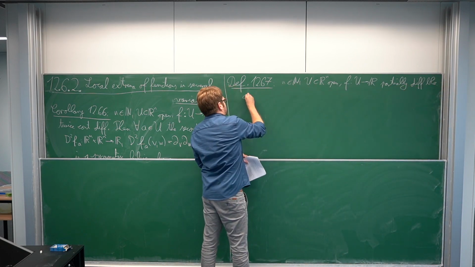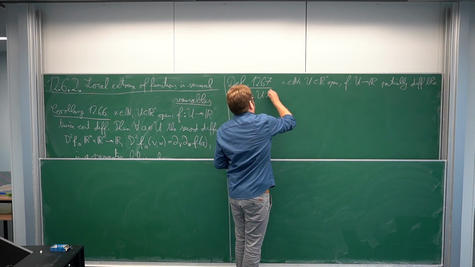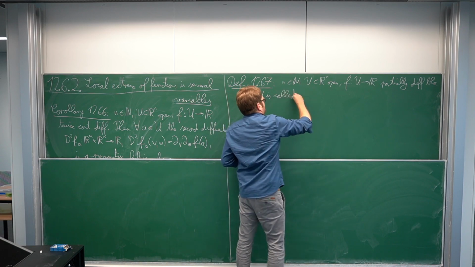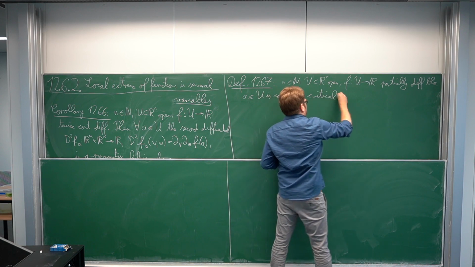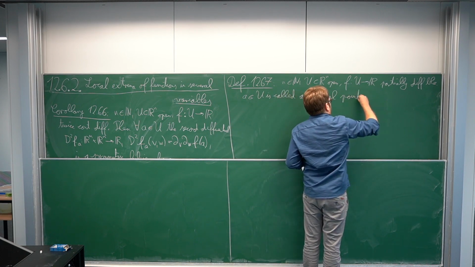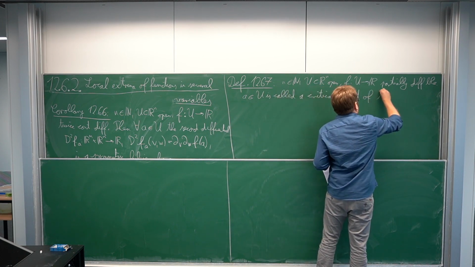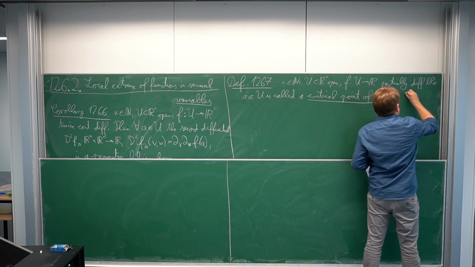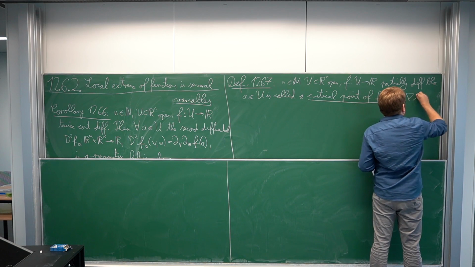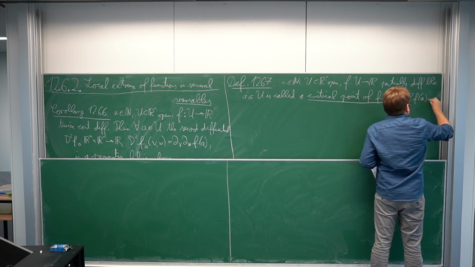Then a point A in U is called a critical point of f if the gradient vanishes in that point. So if the gradient of f in A is 0.